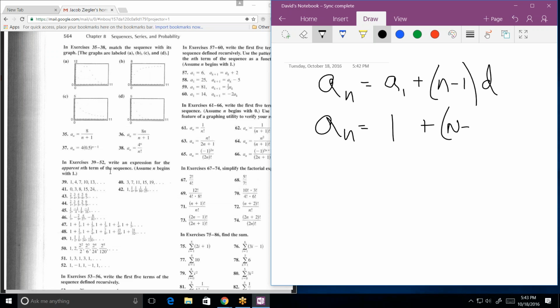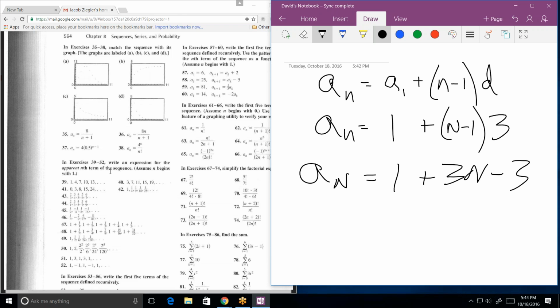This is still n minus 1, and the common difference is 3, right? Yeah. So now if I multiply that out, I get 1 plus 3n minus 3. Simplify it, I get 3n minus 2. There's your answer.